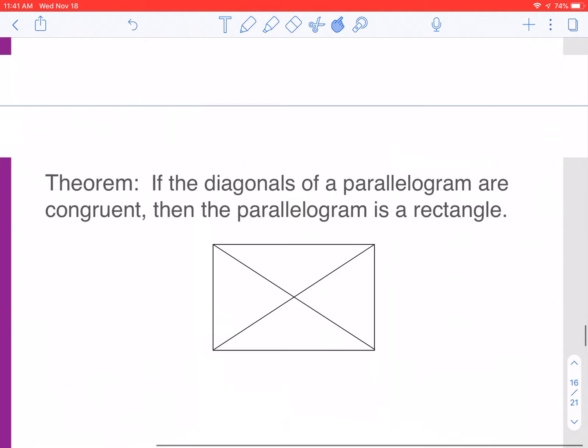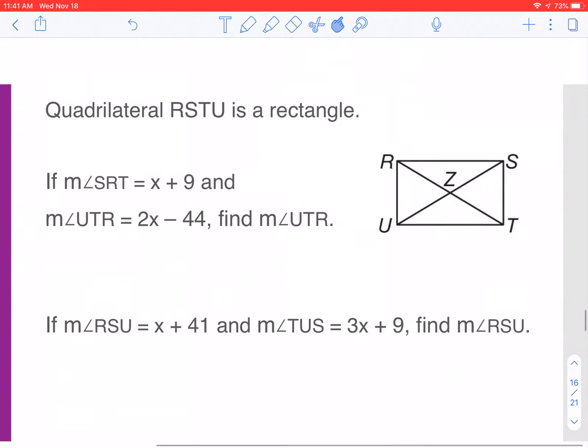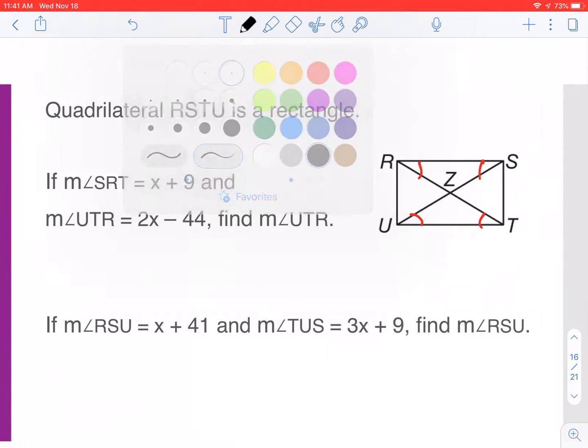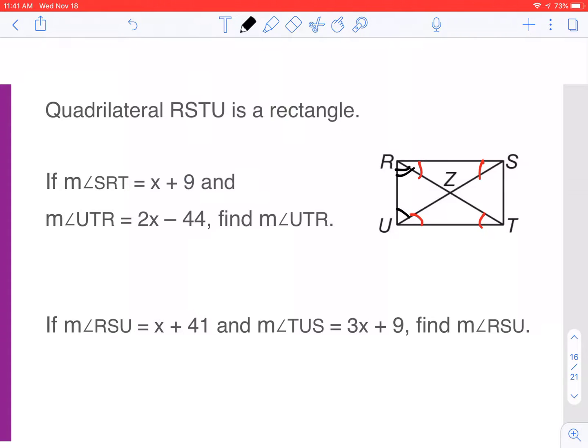Okay, we're dealing with angles here one more time. Once again, I'm going to mark my picture. Very, very important to mark your pictures. SRT, I'm going to highlight it. SRT is that red one right there.